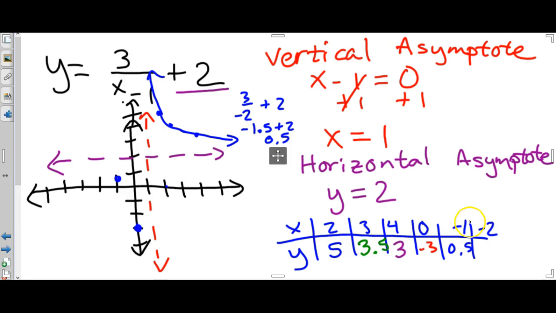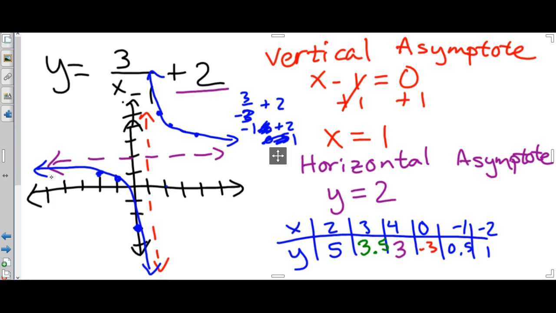Then we plug in -2, 3 over -2 minus 1. -2 minus 1 is -3. 3 divided by -3 is just -1, plus 2 is 1. So (-2, 1). And again, now we have a better idea of what our curve will look like.